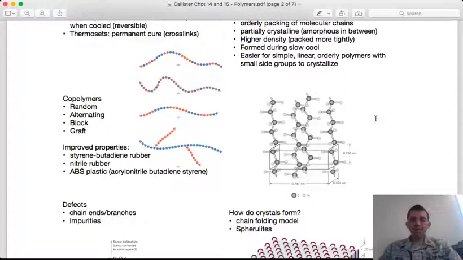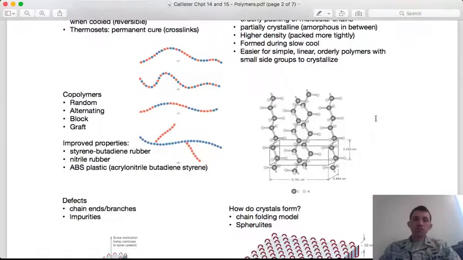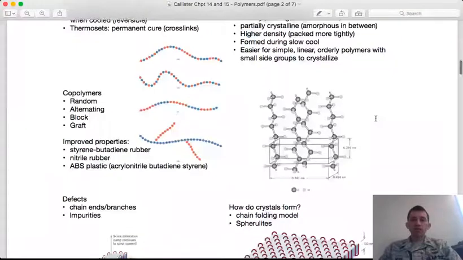And some polymers crystallize better and easier than others. If you think back to our polymer chain picture, you can imagine a simple polymer chain like polyethylene, which is just a straight carbon chain with hydrogen side groups, it would be much easier for these chains to tuck in next to one another and form a crystalline region.